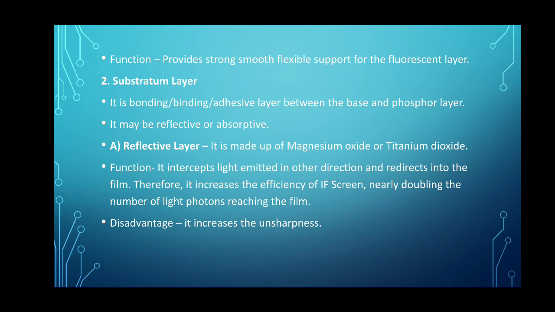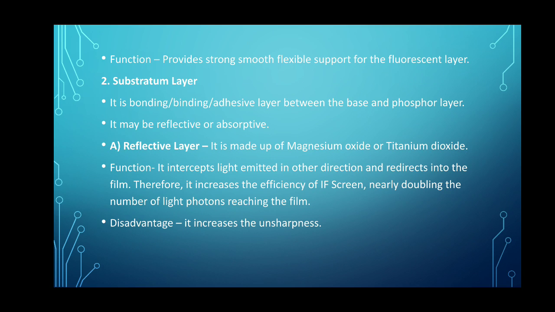Second, substratum layer. It is a binding or adhesive layer between the base and the phosphor layer. It may be reflective or absorptive. First we will discuss the reflective layer.